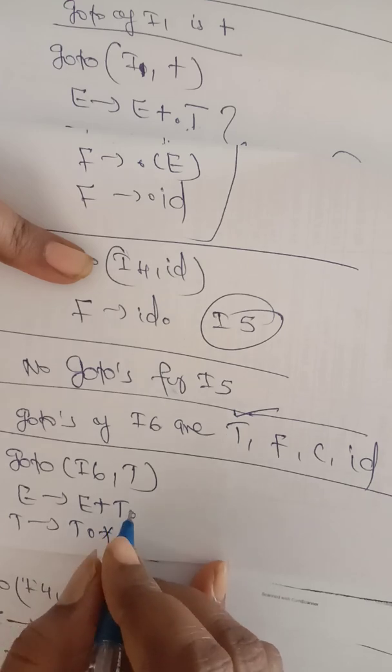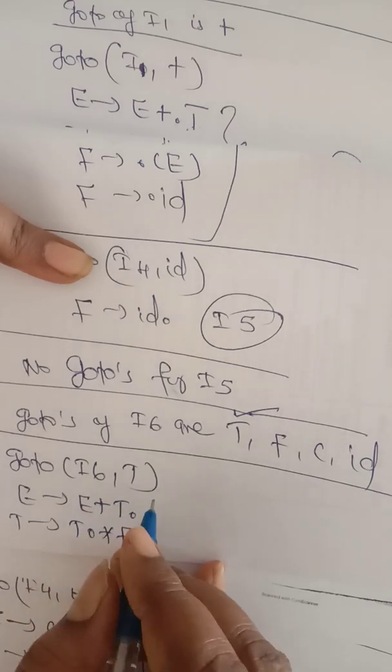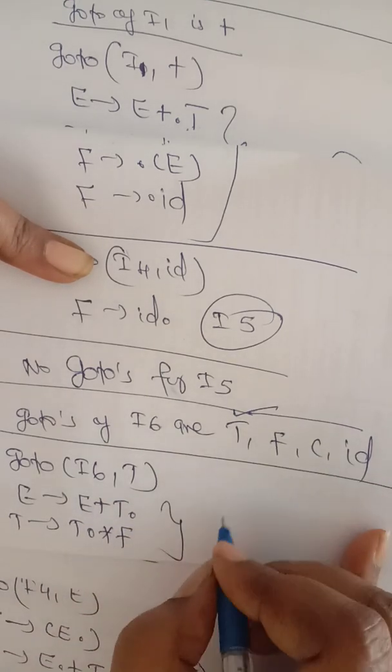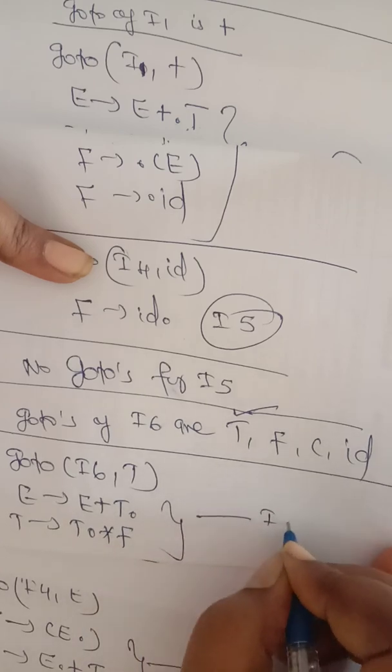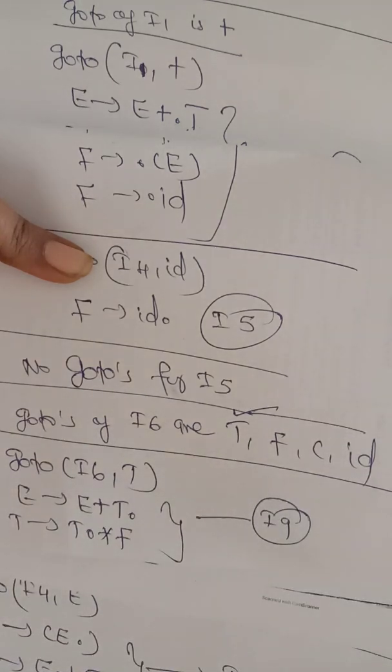Then compare these two productions with the available sets. It is not matched with any set, so give a new name, I9.